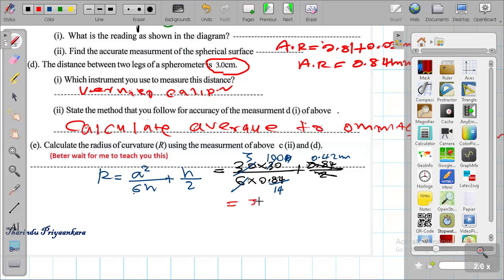This part will be 500 over 14 plus 0.42.